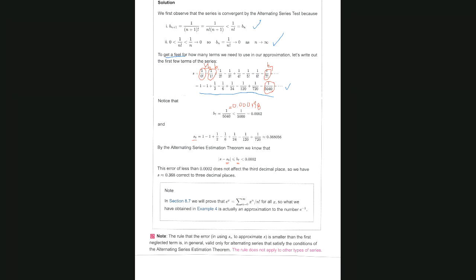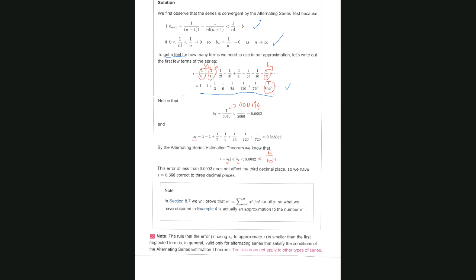Because notice here you have 3 zeros with the 2 there, and that's less, by the way, than 5 over 10 to the 4th.